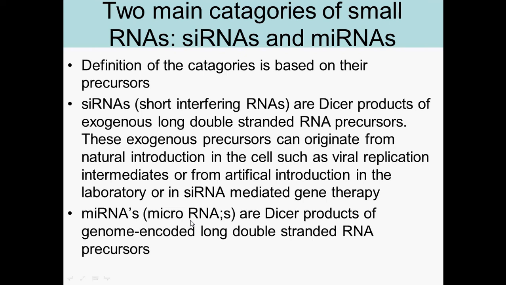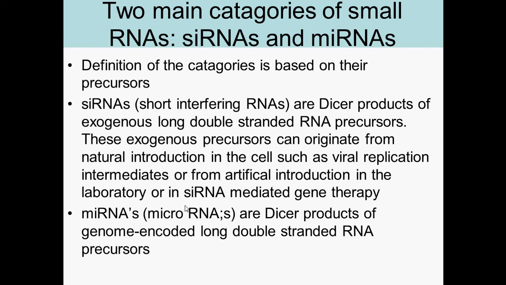So now you have two main categories of RNAs, si and mi. siRNA is short interfering RNA, and miRNA is microRNA.